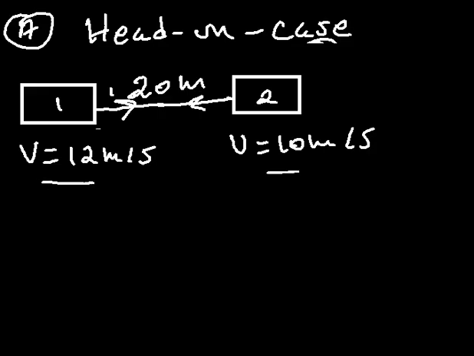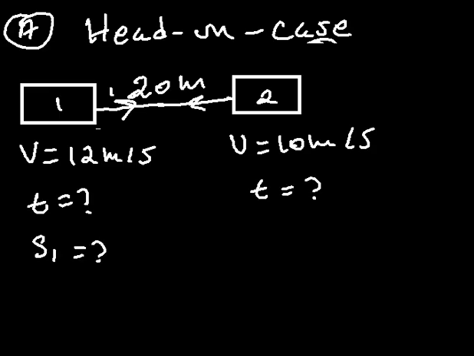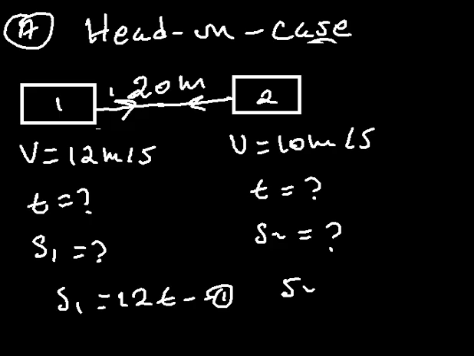Since both are moving at constant speed, we don't know the time each has to travel, and we don't know the distances each has to travel. But what is S1? We'll have it as 12t. This is equation 1. How about S2? We'll have it as 10t.